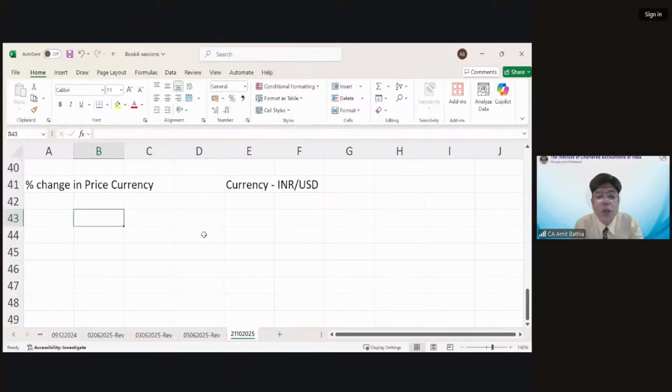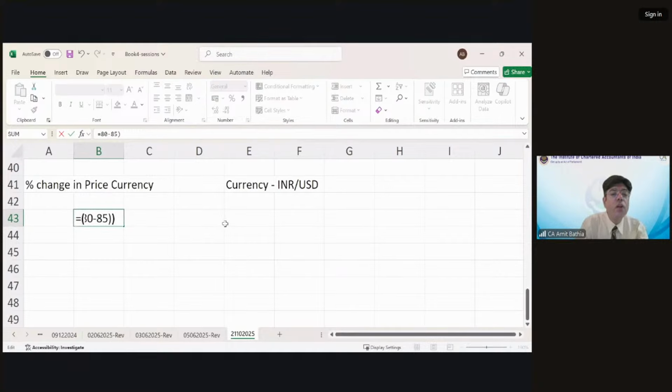You were earlier able to buy a dollar for 80. Now you are buying it for 85. So for us, it's a loss. The currency has depreciated; as far as INR is concerned, INR has depreciated. So when I calculate 80 minus 85, I will divide this by which currency now?